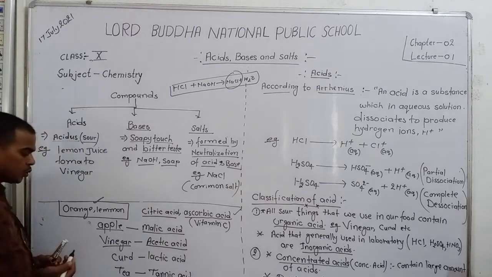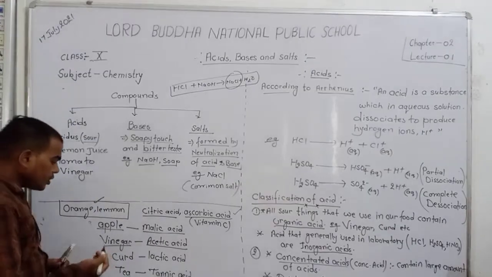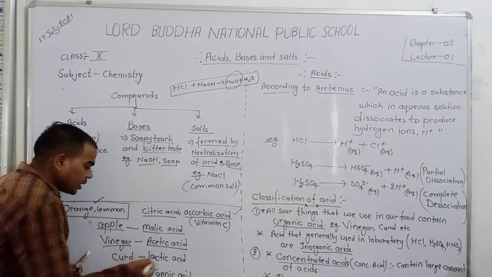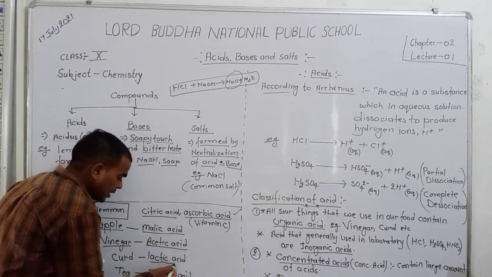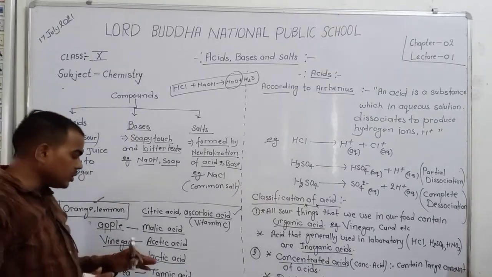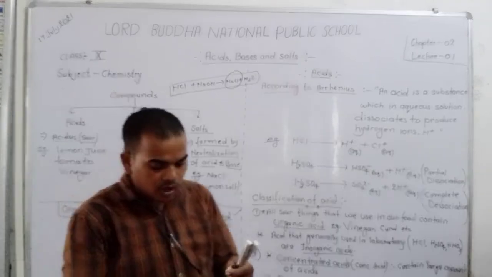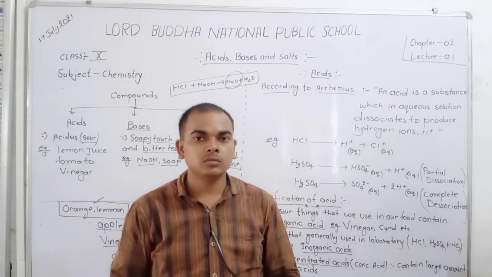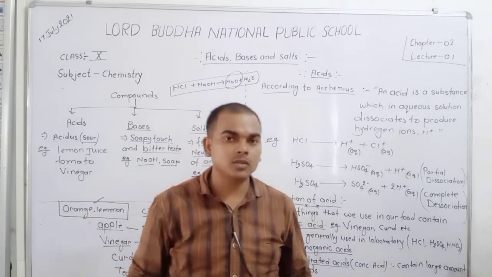Dear student, do you know which type of acid is present in curd? The acid contained in curd is lactic acid. The lactic acid in curd is generated by lactobacteria, that is lactobacillus.